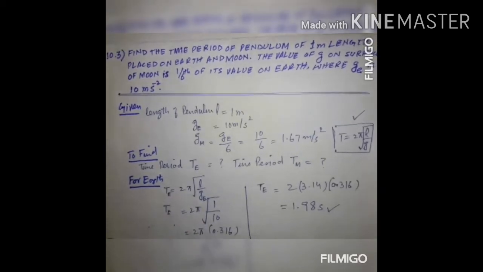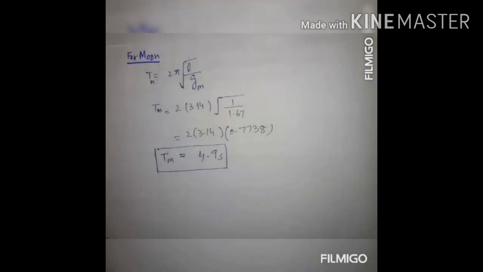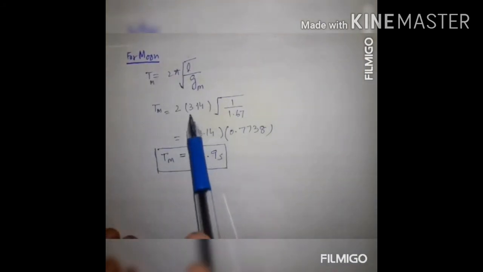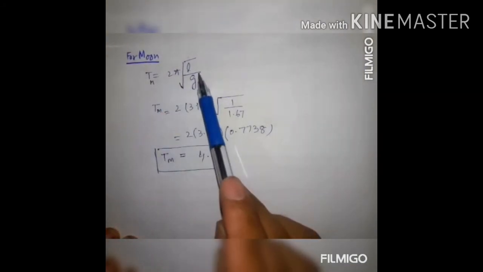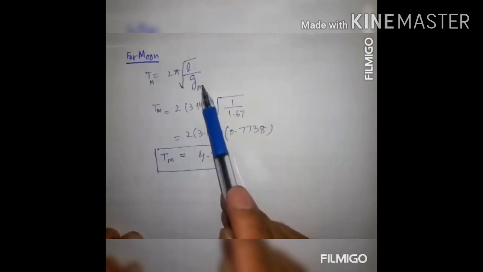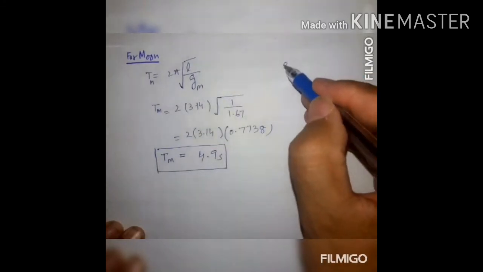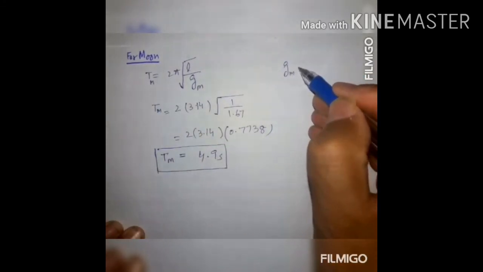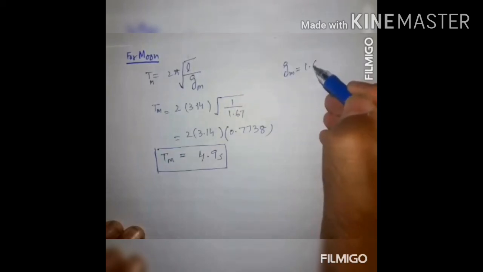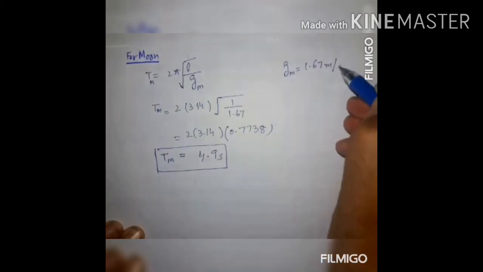For the surface of Moon, again we have the same formula, but now we will use the acceleration due to gravity at Moon, and gravity at Moon we have calculated is equal to 1.67 meter per second square.